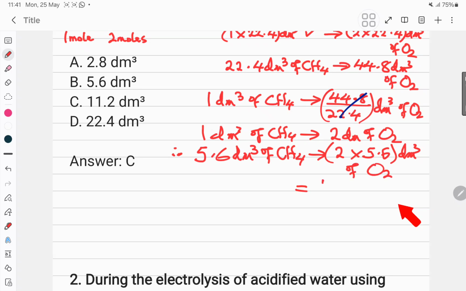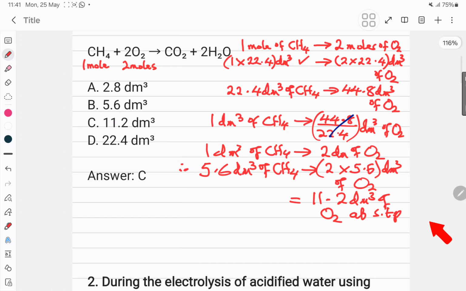So this will give us 11.2 dm cube of oxygen at STP. So this is the volume of oxygen that 5.6 dm cube of methane will be requiring for complete combustion.